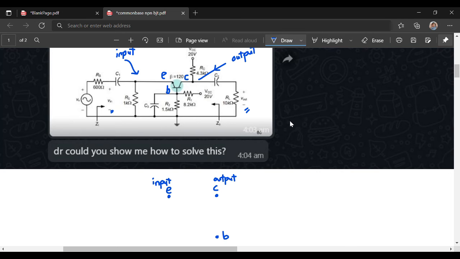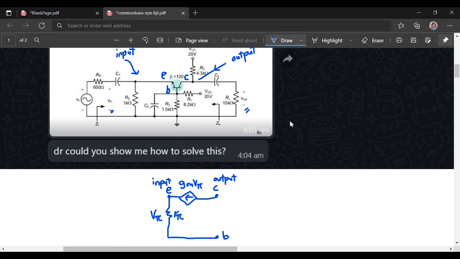From base to emitter, we have R pi. From C to E, we have a current Gm V pi, with the arrow going from C to E.